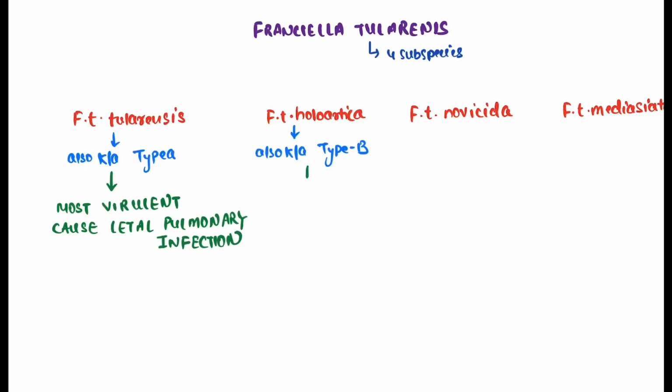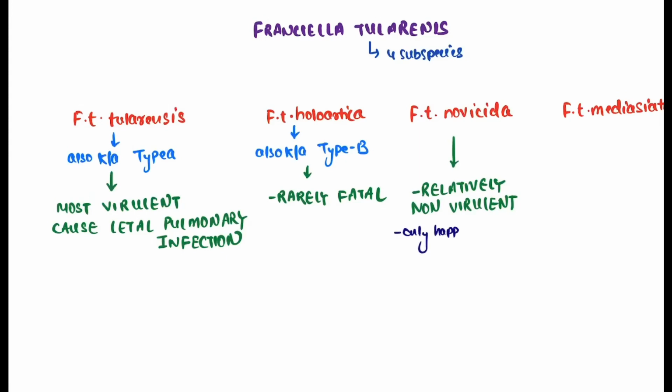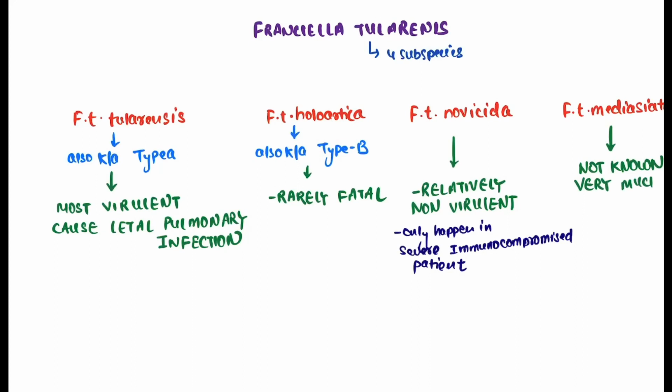Holarctica is rarely fatal, and novicida is relatively non-virulent and will only cause problems in severely immunocompromised patients. About mediasiatica, we don't know much about this bacteria. You have to know about all these subspecies.